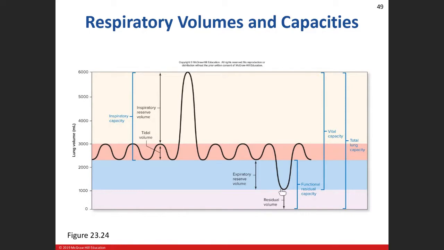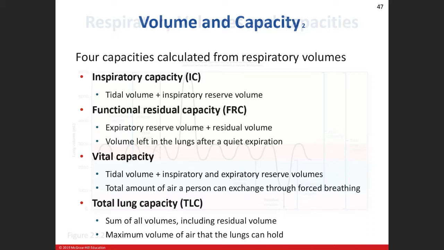The remaining amount of air that will be left in your lungs is the residual volume. So we're going to add the expiratory reserve volume to the residual volume, and that'll give us our functional residual capacity, which is the amount of air that's in your lungs after taking a quiet breath out.